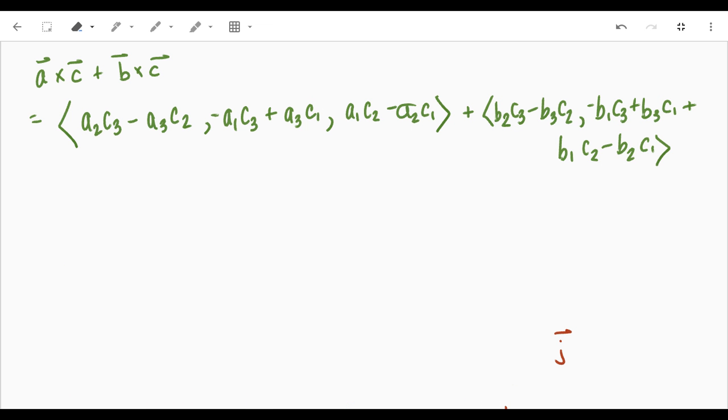Okay, so now I can add those together, and the first component will be A2C3 minus A3C2 plus B2C3 minus B3C2. That's just adding the x components.